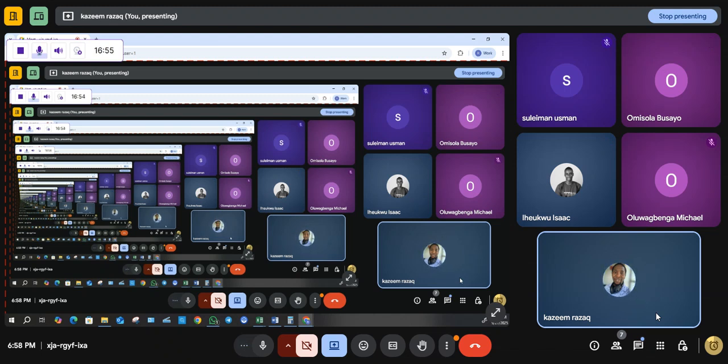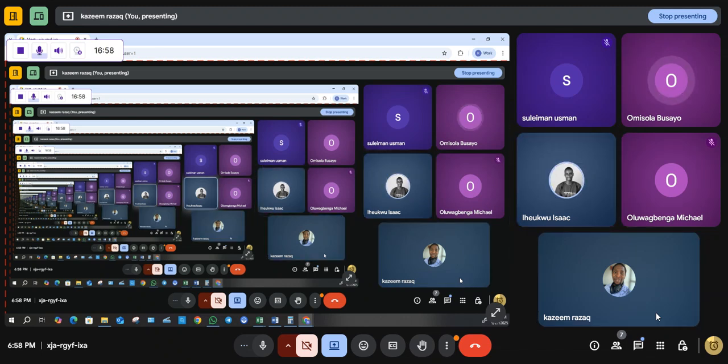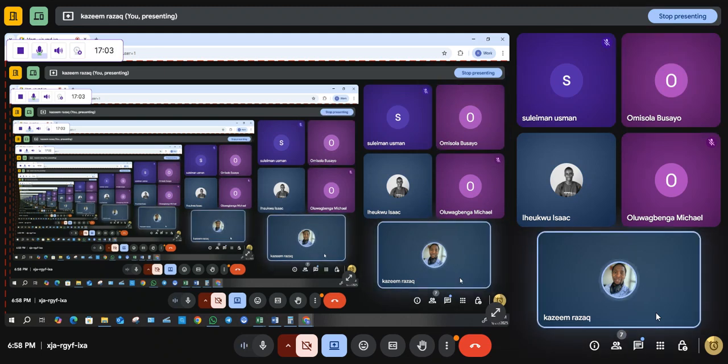So I mentioned that I divided the balance sheet into four, right? Non-current assets will be for investing activities.